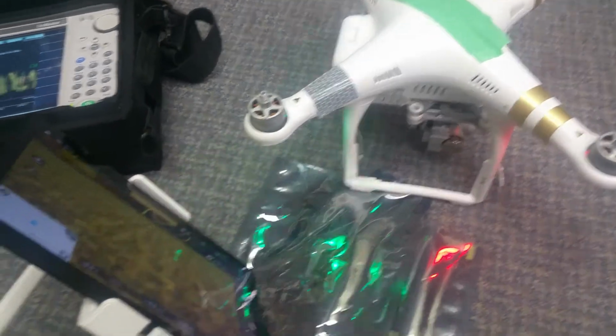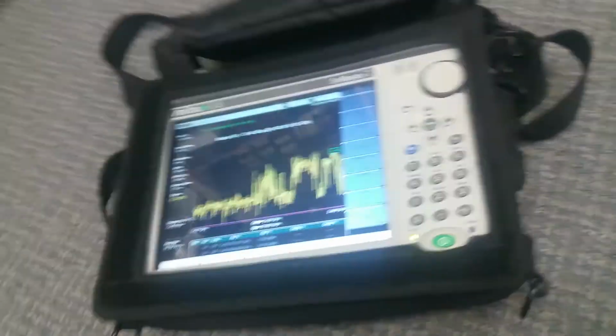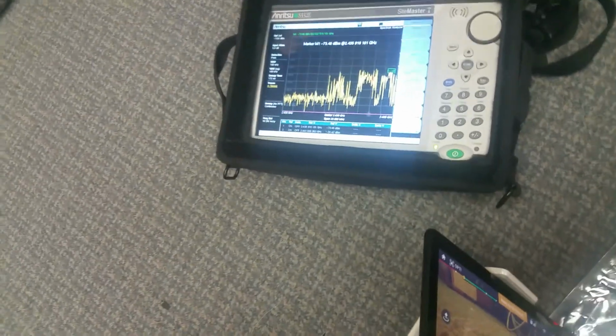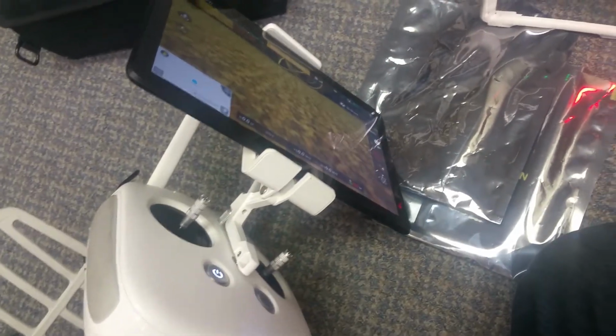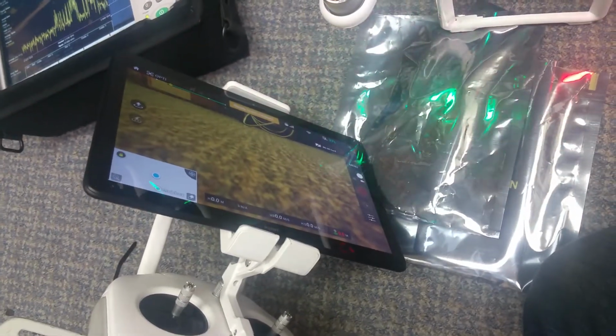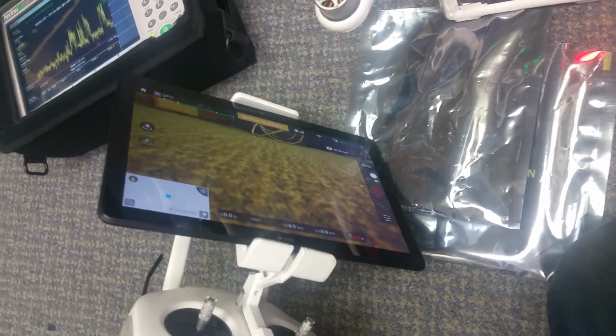That was the purpose of the experiment today, using, like I said, the spectrum analyzer, looking at the spectrum, the frequencies, and using some scanning software to learn about which IP is doing what.